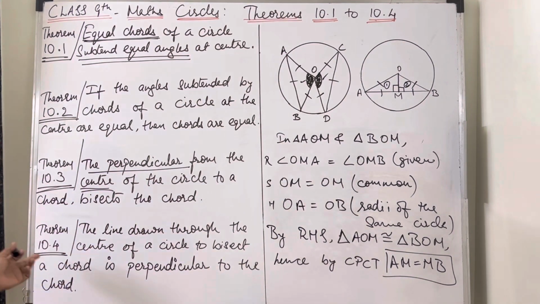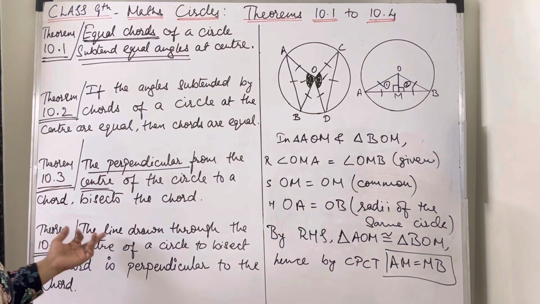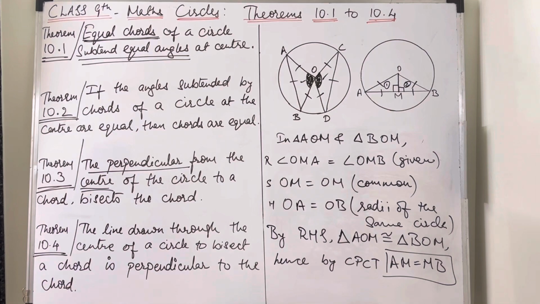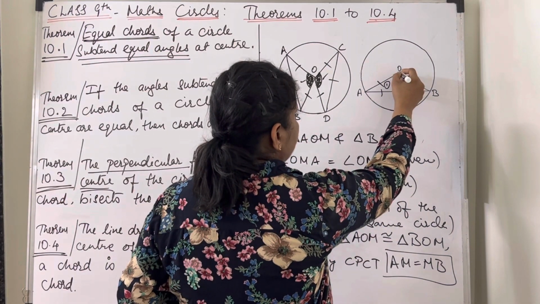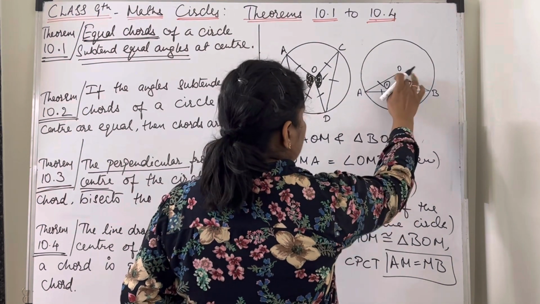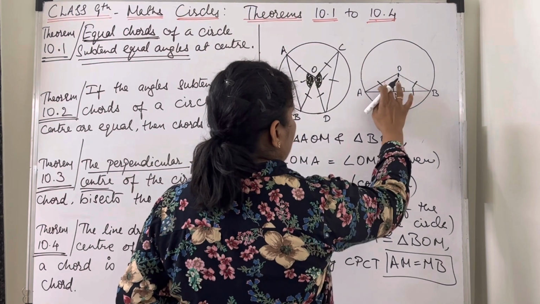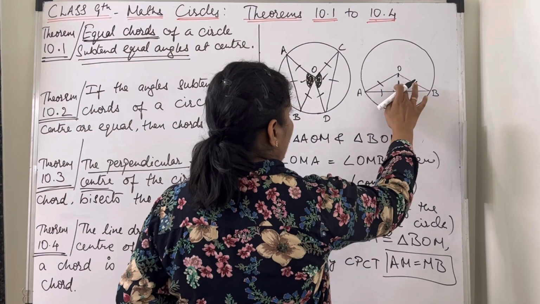Now similarly 10.4 is the converse of the same theorem. It says that if a line drawn through the center of the circle bisects a chord, we are talking about the same line, OM.